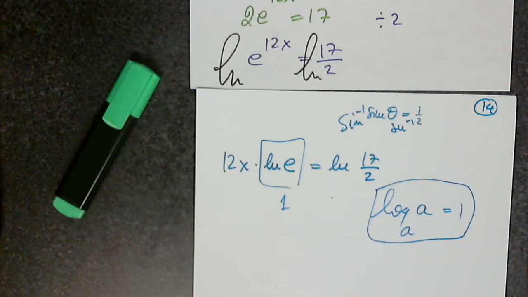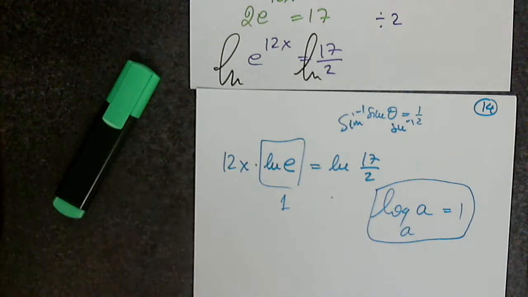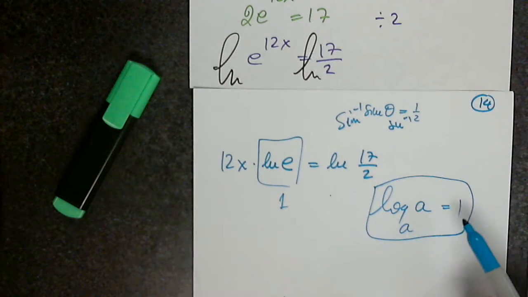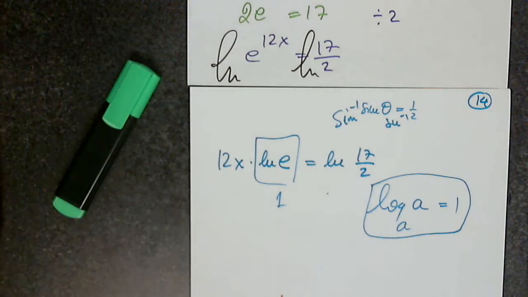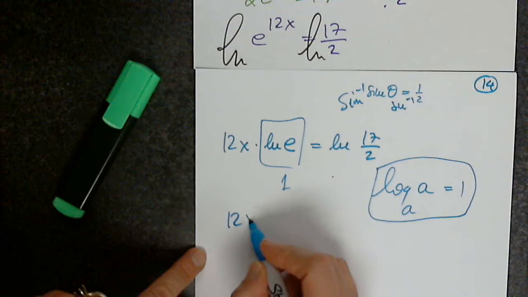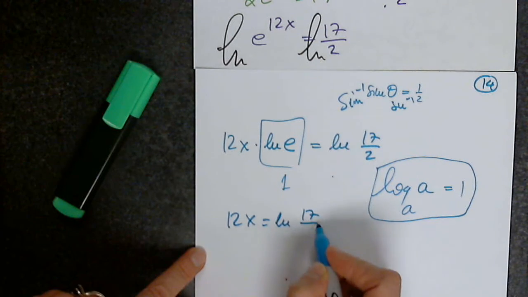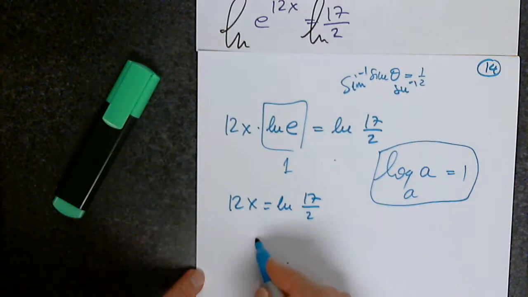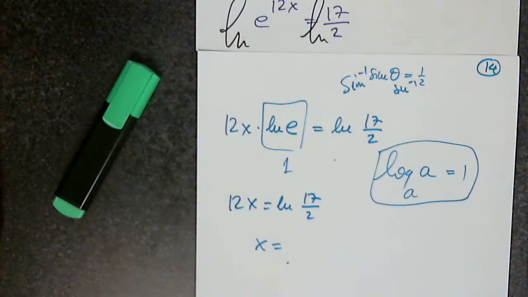Log base 5 of 5 is 1. Log base 10 of 10 is 1. 10 raised to which power is 10? So now this becomes a linear equation. 12x equals natural log 17 over 2, and I divide both sides by 12 to get the answer.